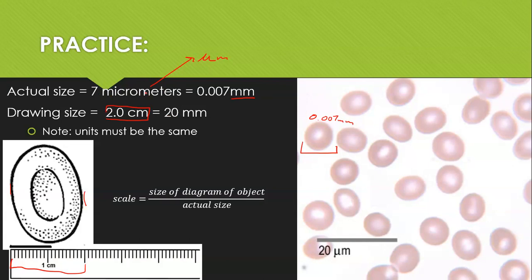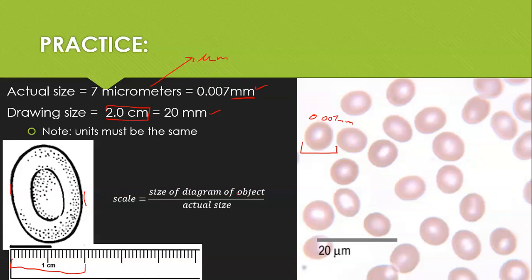7 micrometers, I divide by 1,000 to get millimeters. So now both of my measurements are in the same units. Could I have converted the drawing to micrometers? Sure, but I'd have a huge number. So now all I do is plug these numbers into the formula.